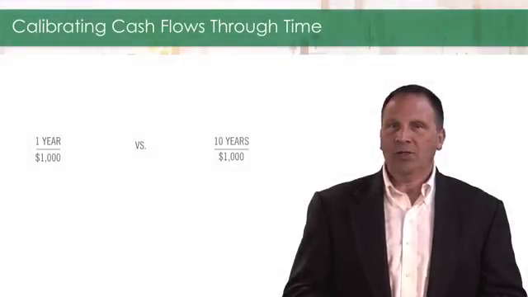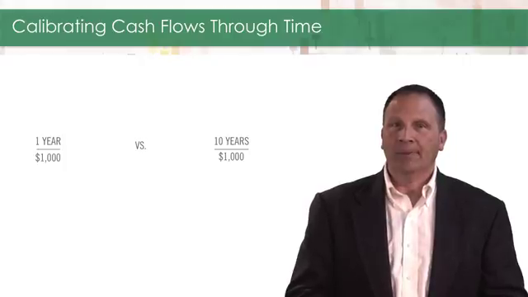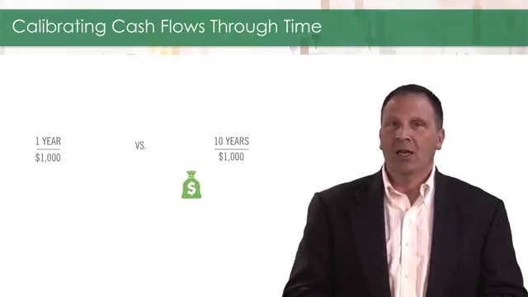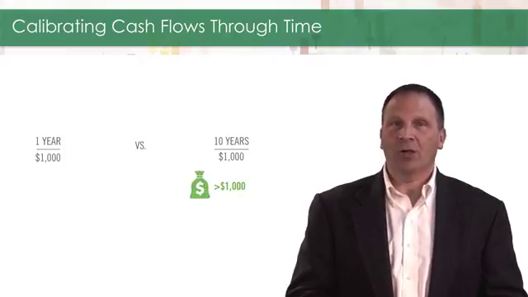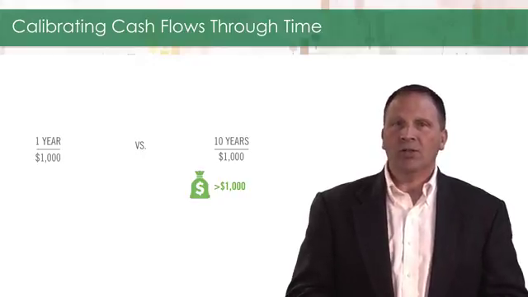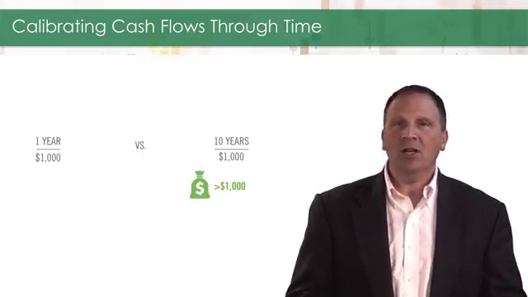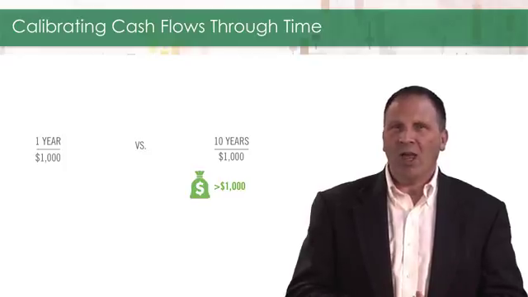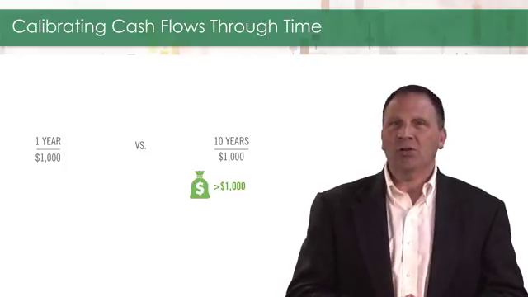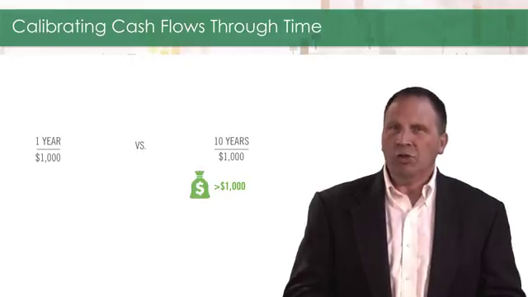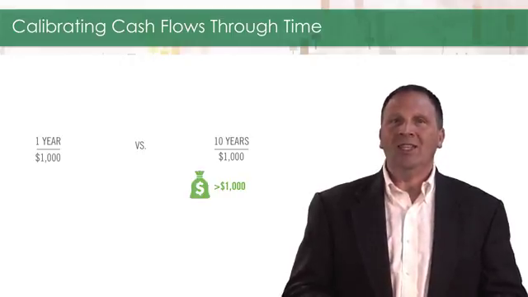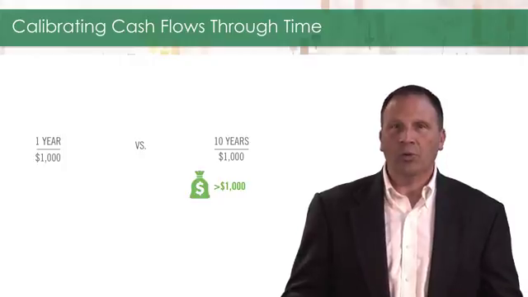Let's think about the math. First, cash flows that occur over time are not worth the same amount to you today. $1,000 today is worth more than $1,000 10 years from now because you can invest the money and have more in 10 years. So we need to puzzle out a way to calibrate cash flows that occur at different points in time. If we want to figure out what a future cash flow is worth today, we need to discount it at an appropriate rate.